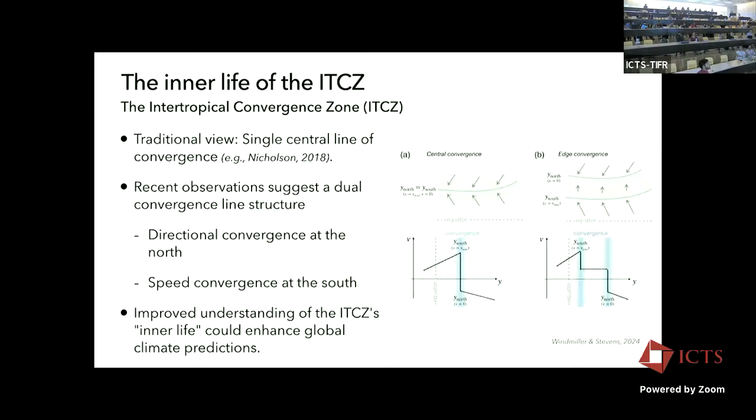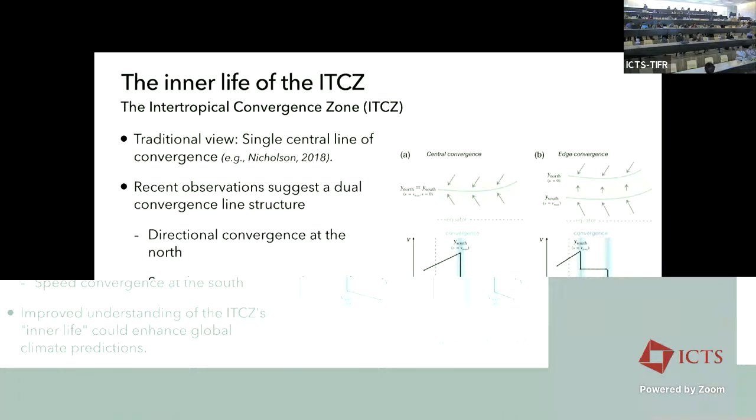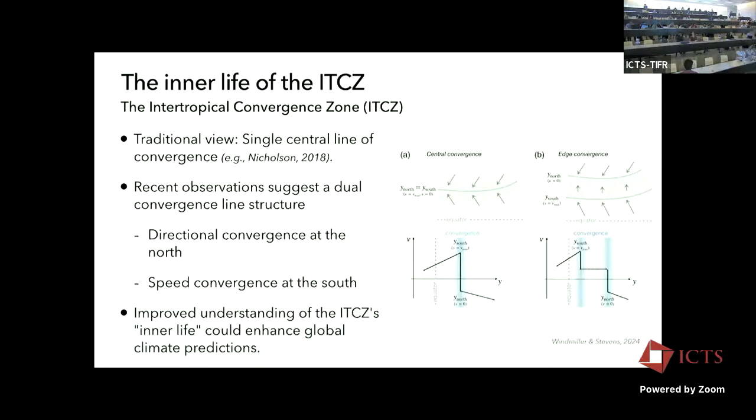So there's a convergence band here, and then in the north is the northern hemisphere winds, the northern trades and these winds that have crossed the equator from the south, they converge, and that's a directional convergence. So we have these two convergence bands, and understanding actually how this is set up can help get the inner structure of the ITCZ, which might help us enhance these global climate predictions.